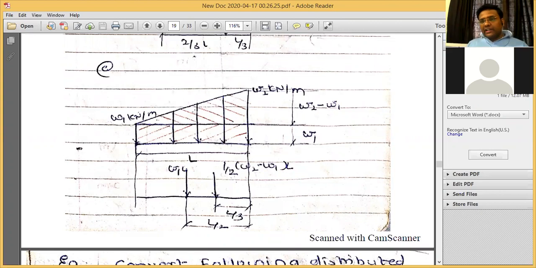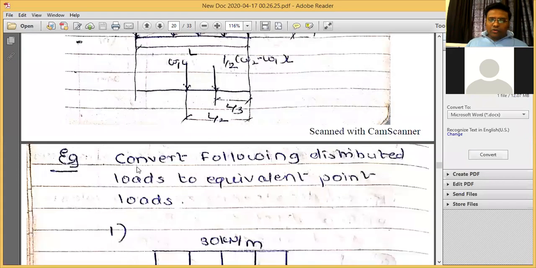The area of the rectangle will act as the converted point load intensity of the UDL, and the area of the triangle will act as the intensity of the point load after conversion for that triangle, and it will act according to their CGs. So you will never go wrong if you know all these things.